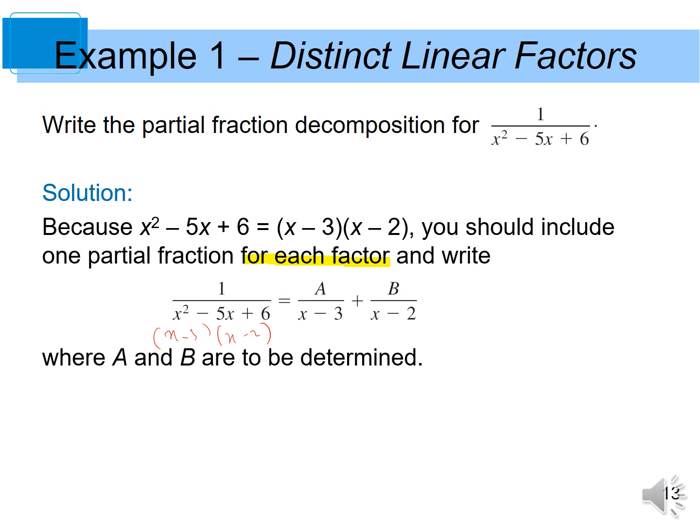We write the partial fraction a over x minus 3, because the order here is just 1. Then the second factor is also a linear factor, the order is still 1, so we have plus b over x minus 2, where a and b are to be determined.